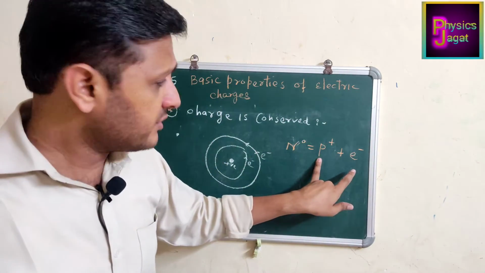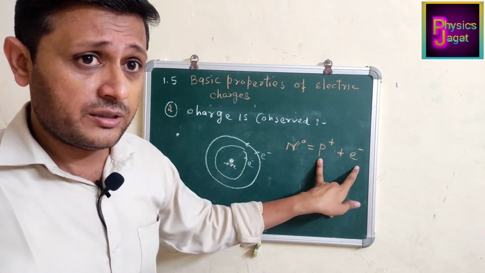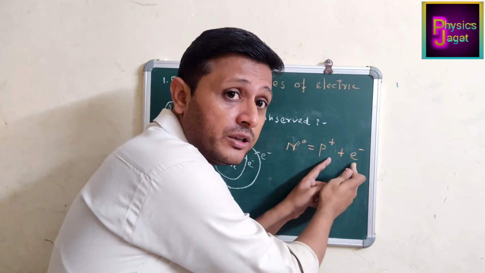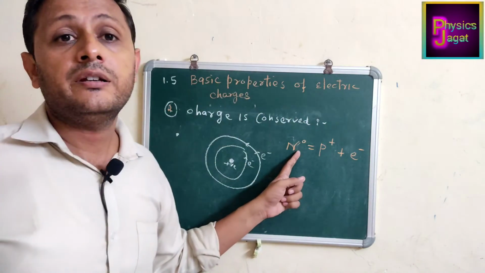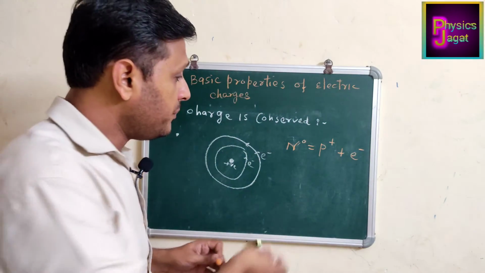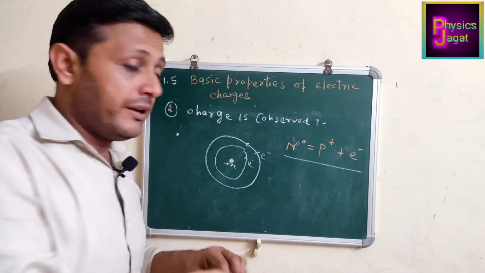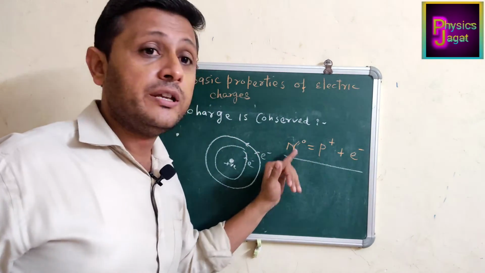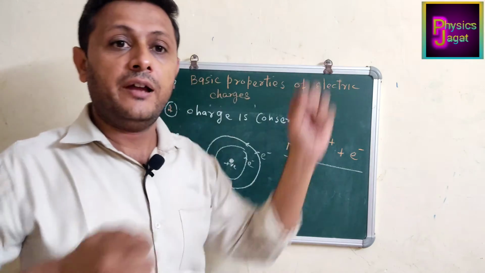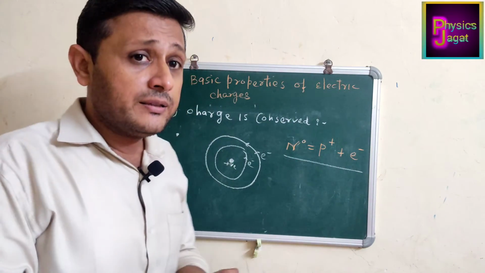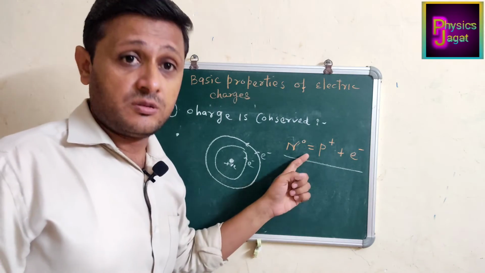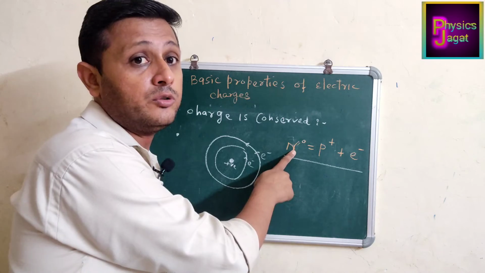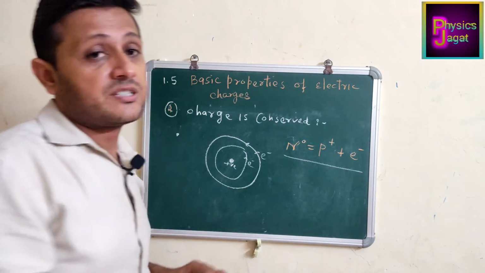Proton is positive charge, electron is negative charge, and these two, proton and electron combined, will form a neutron. In this process it never happens that if the neutron decays, the proton will fly apart and the electron will also fly apart. They will form in the system only. If you combine them, proton and electron, they will become neutral. So this is charge conservation also.